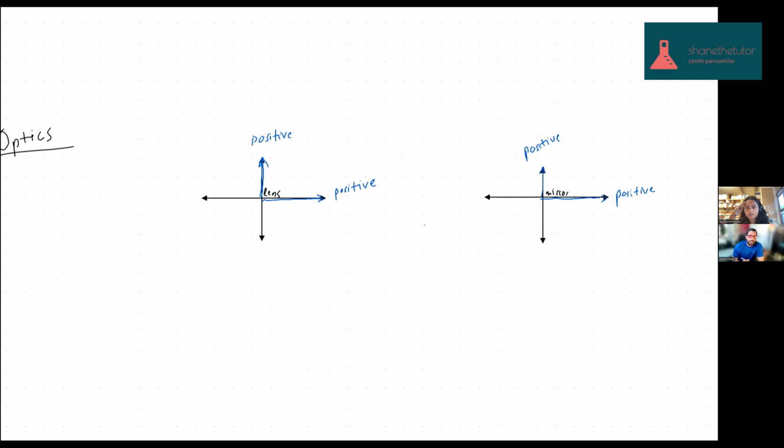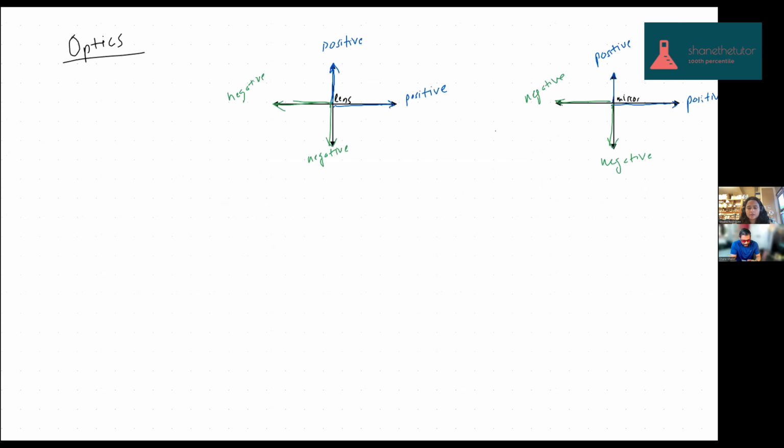And if it's to the left or down, it will be negative. So what I mean essentially then would be, let me draw something like that.